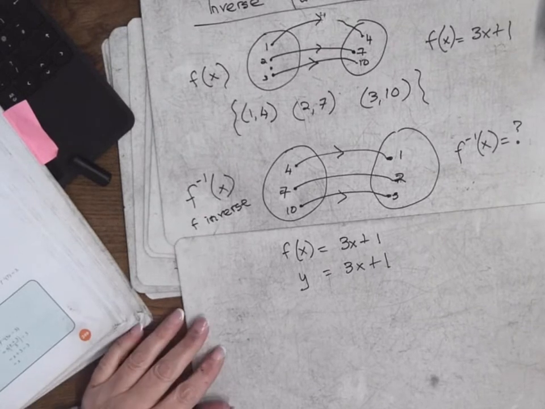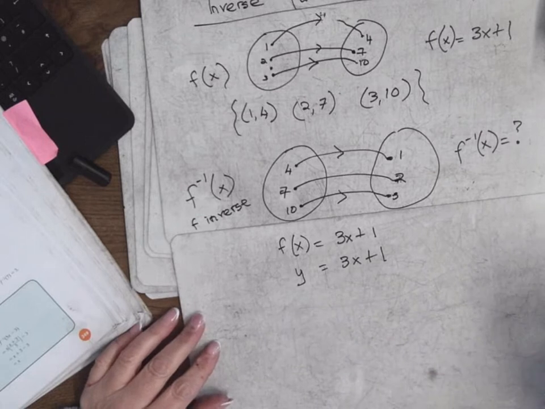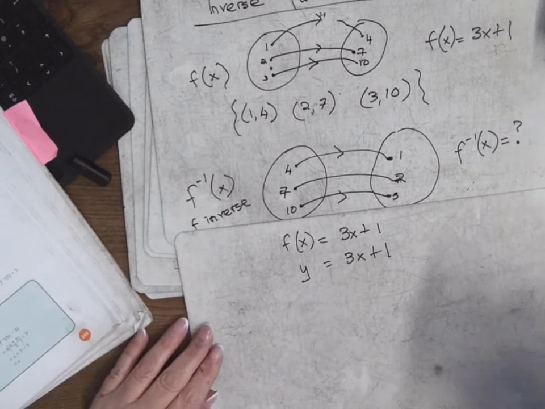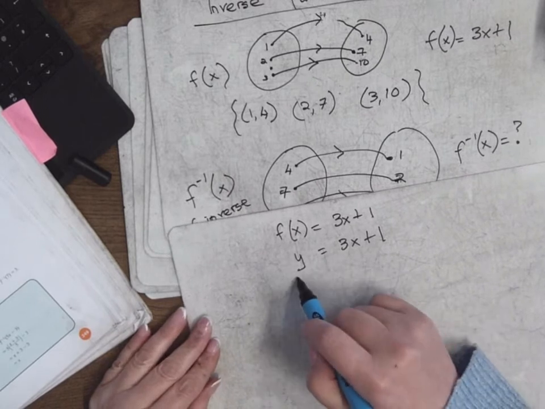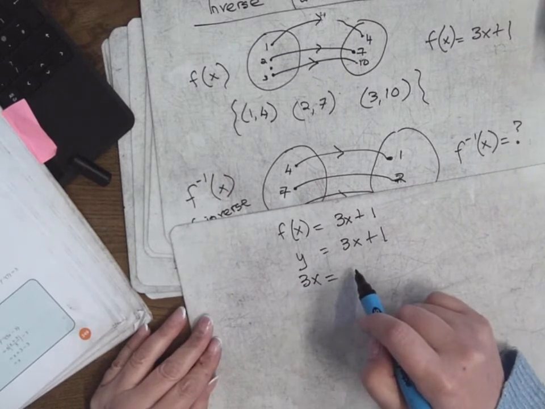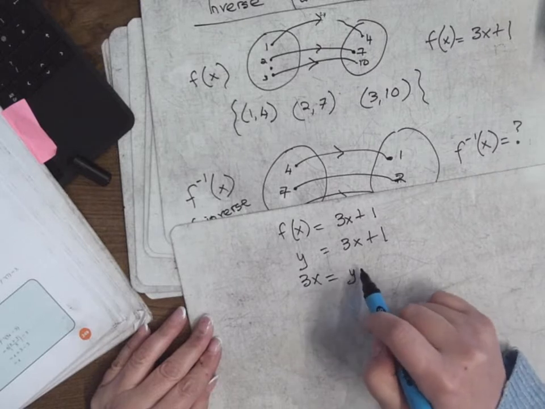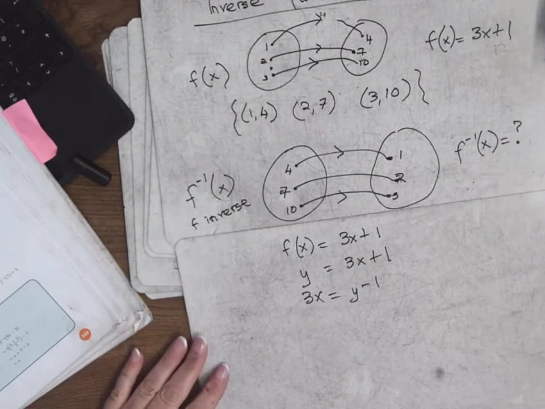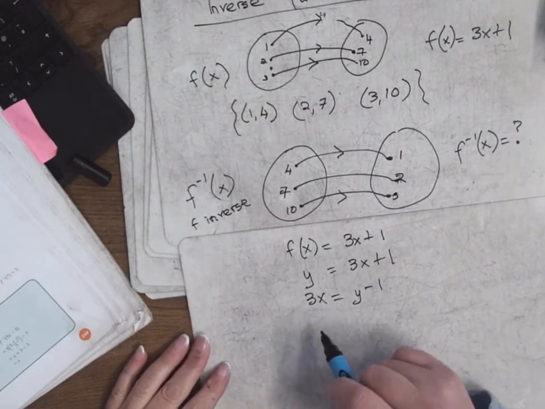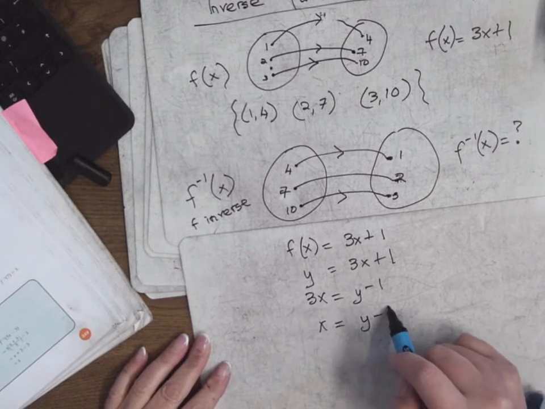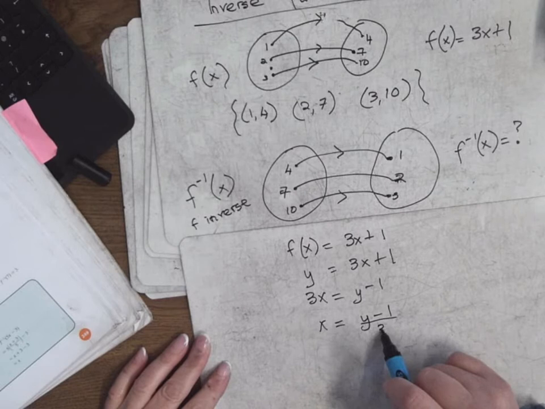So I'm going to bring over the 3x and change the signs, so 3x is equal to y minus 1. Is that right? So that means x is equal to y minus 1 over 3.